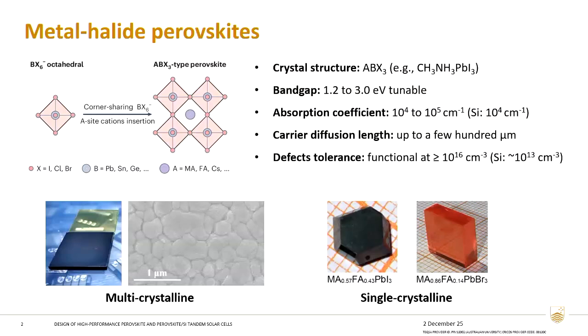For example, for X, we can have iodine, chloride, bromide. For B, we have lead and other metal ions. And for the A side, we have different elements as well as organic groups, such as methylammonium and formamidinium, cesium, and also rubidium.